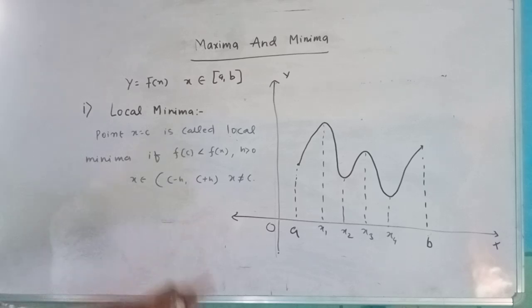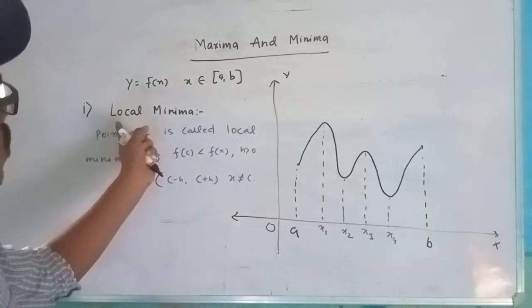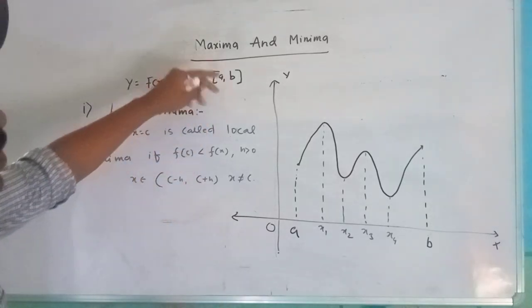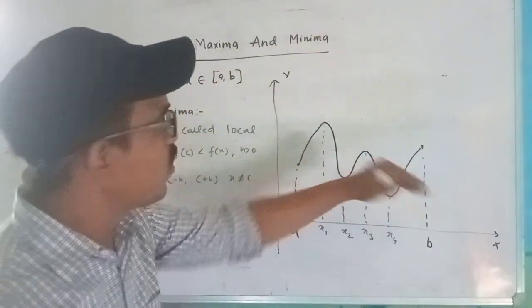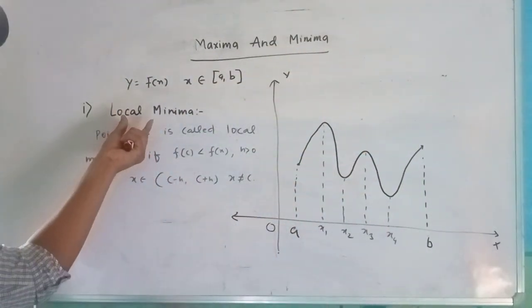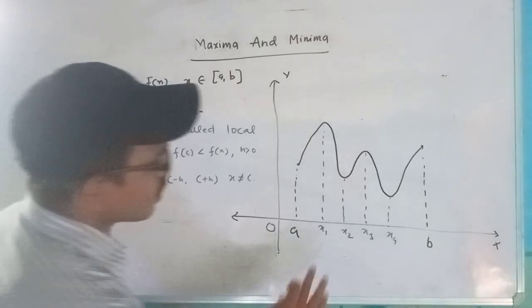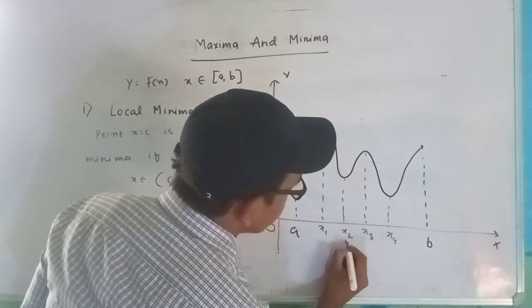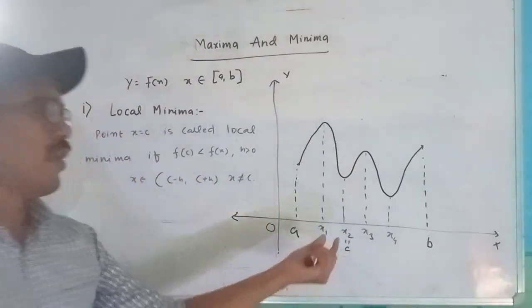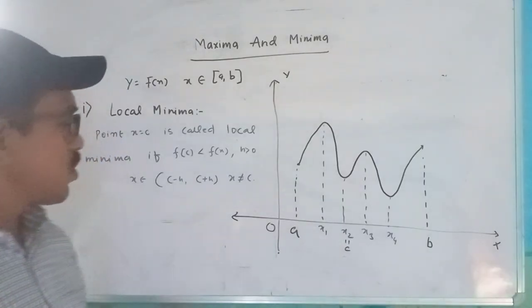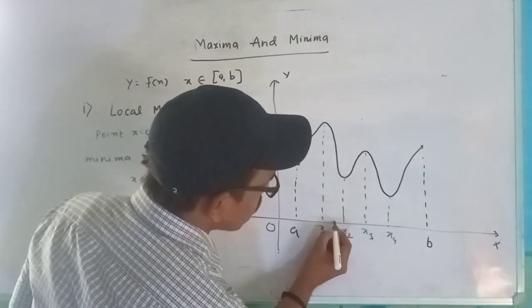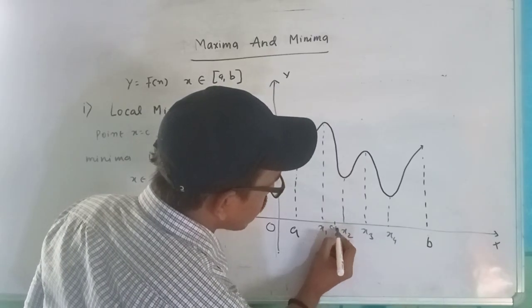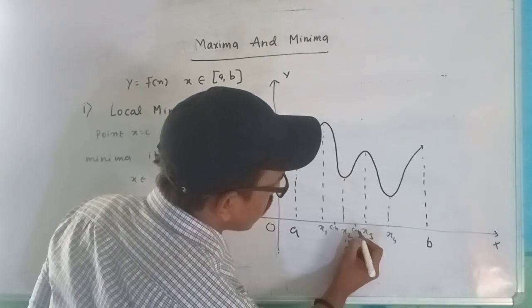Let's see point c. We are talking about local minimum. Where the graph is attaining its minimum value, that is a minimum. So let's say x2 is equal to c. In the neighborhood of c, this is c minus h and this is c plus h.